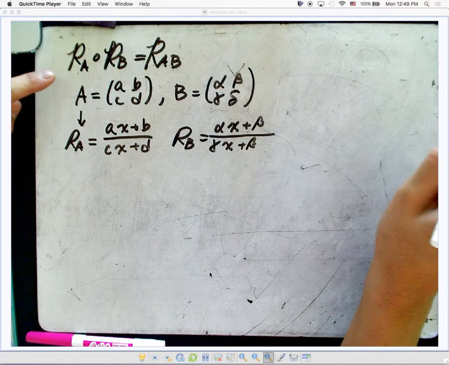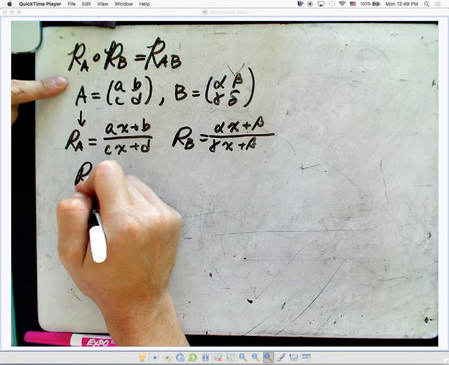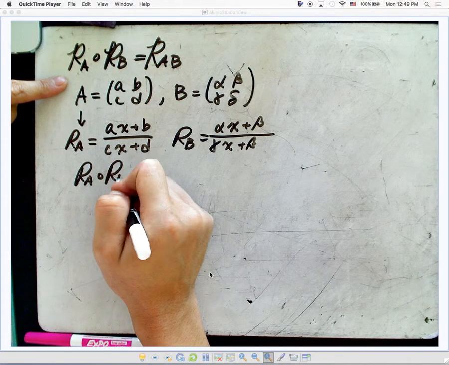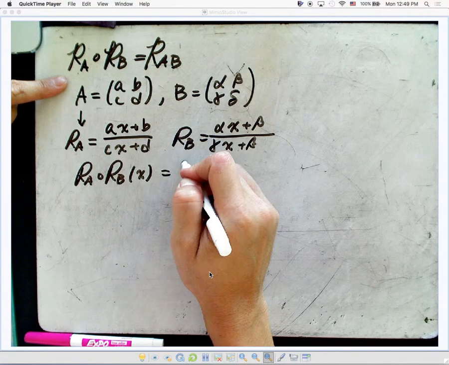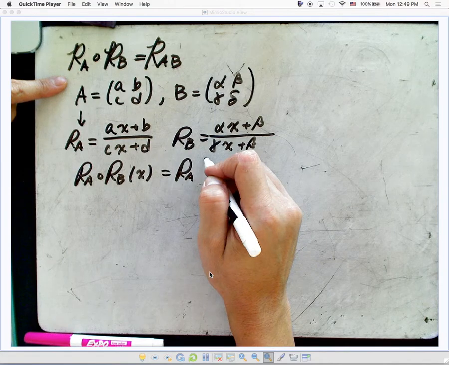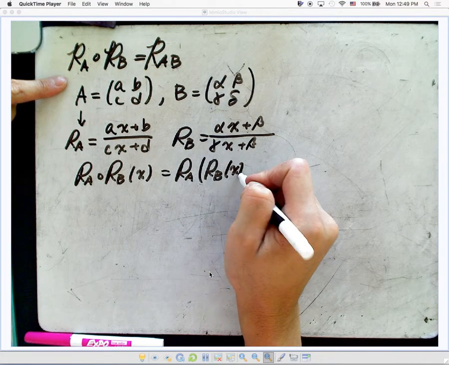So let's just look at the left side of it. The left side says R sub A composed of R sub B of X, which means R sub A of R sub B of X.